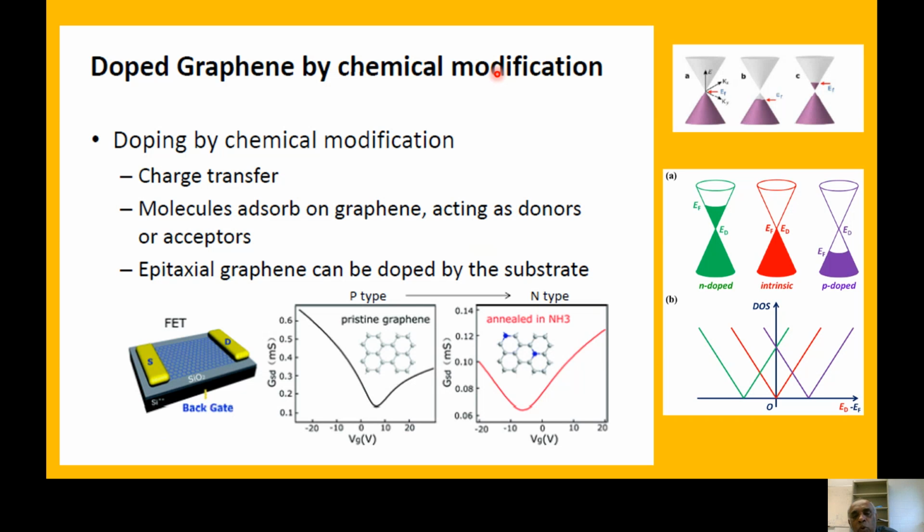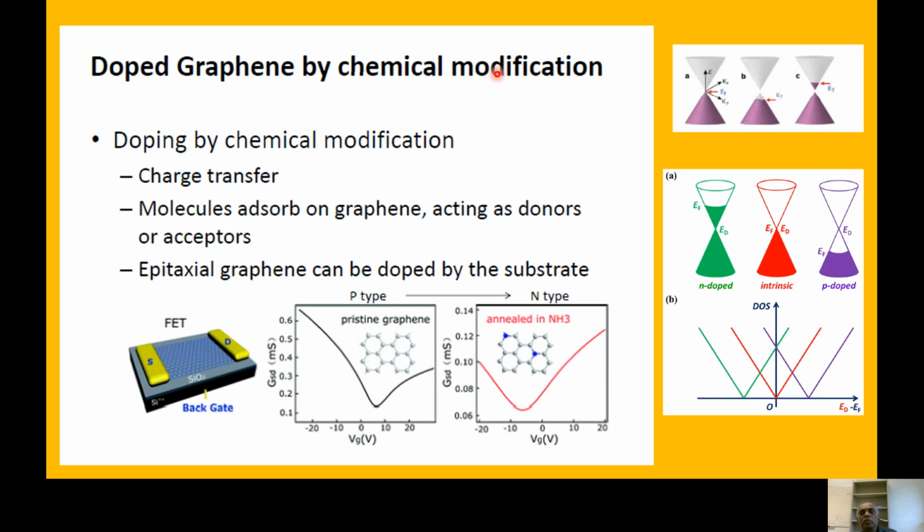For example, ammonia is a good electron donor. It will donate electrons to the graphene. It's more like applying a positive gate voltage. By applying positive voltage, you provide electrons to the channel. By applying negative gate voltage, you provide positive charges to the channel.